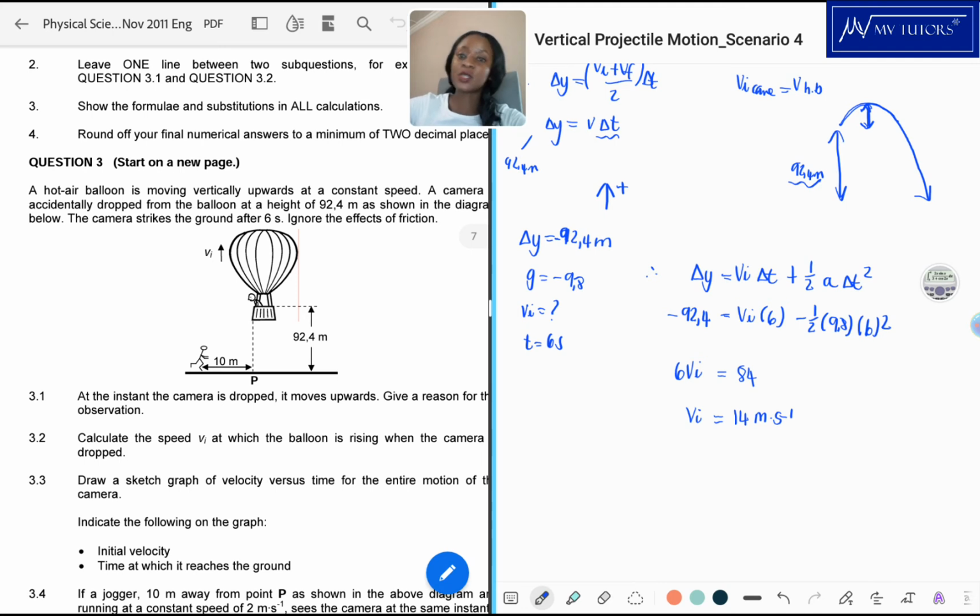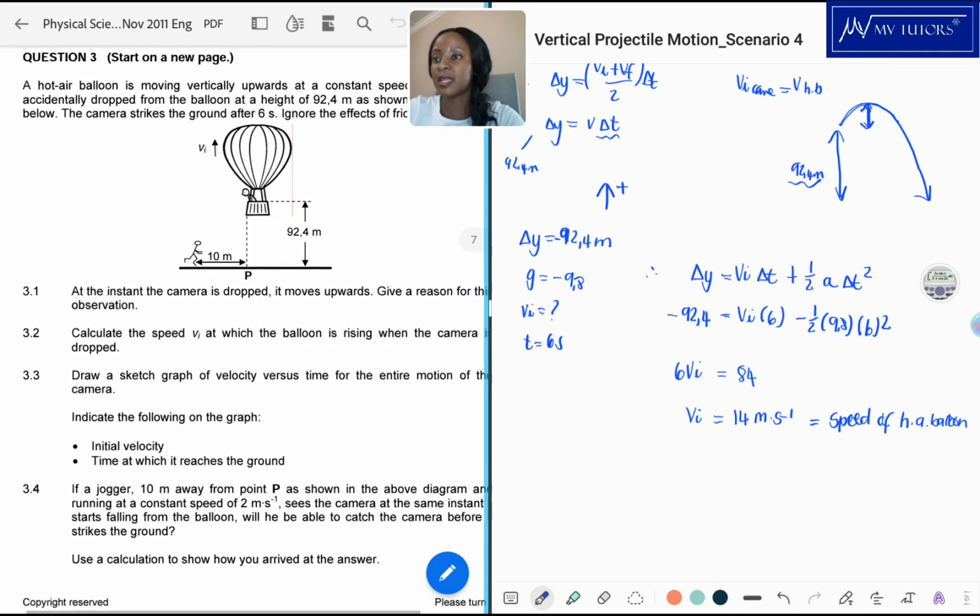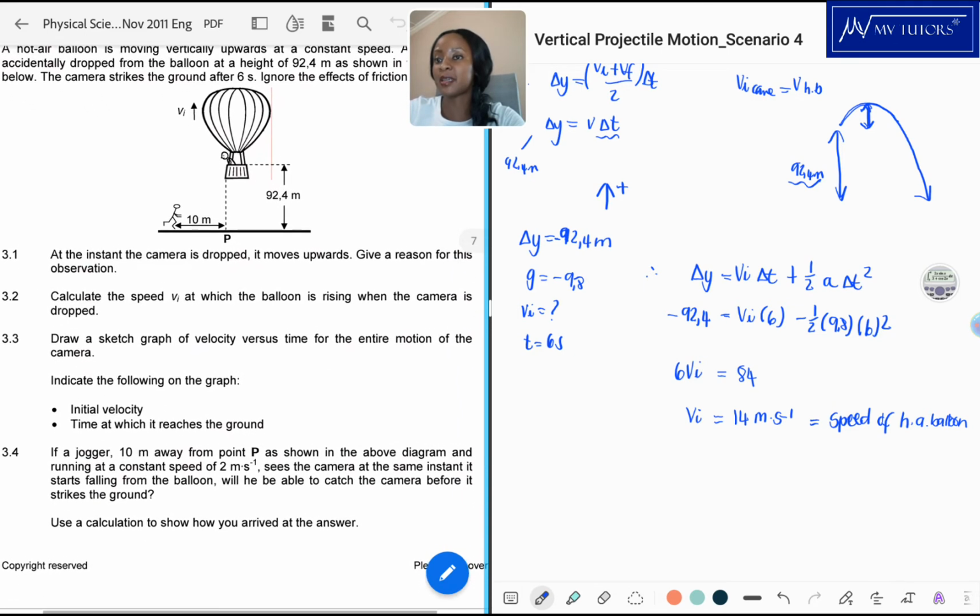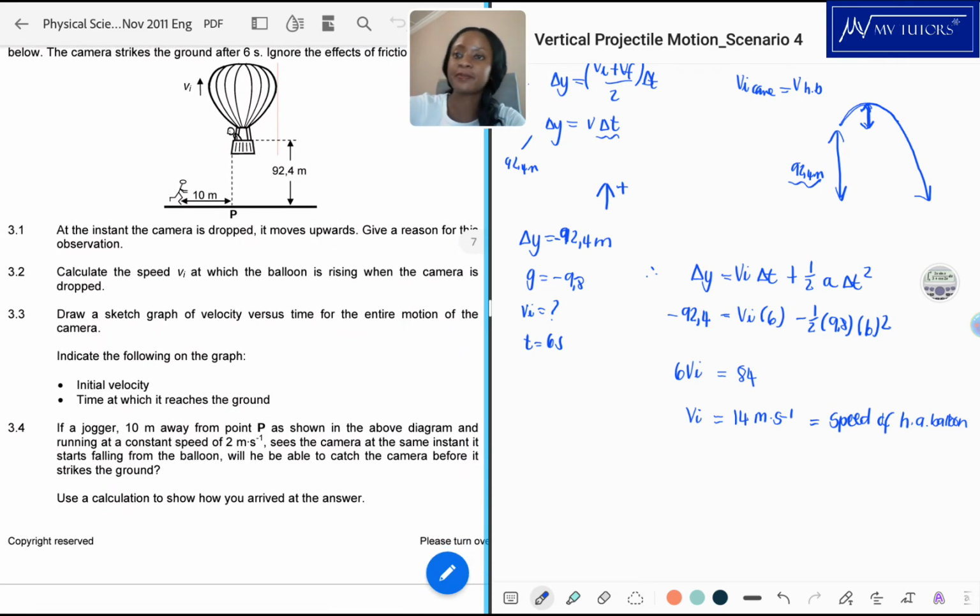So we know that this would be the same as the speed of the hot air balloon. Okay, and yeah, so that is the speed with which it is rising when the camera is dropped.